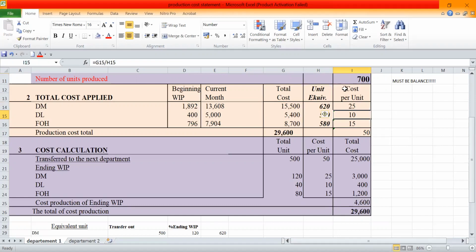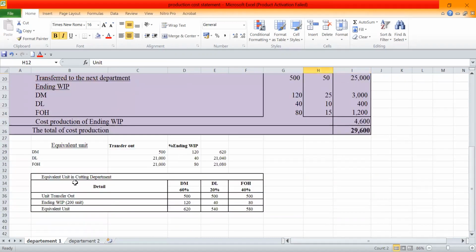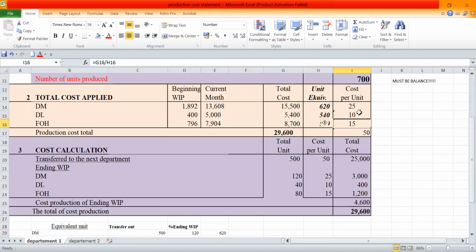We divide the total cost by the unit, but because determining the unit in process costing is really more difficult than in job order costing, we got this concept, the equivalent unit, and how to compute it is on this part. So the cost per unit is just the same, dividing the total cost by the equivalent unit.